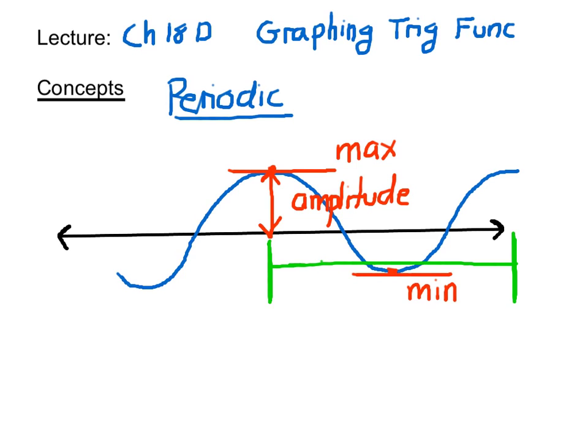So if I was to pick any point on the function, and right now I'm picking the maximums, and if I look at the distance between any two maximums or any two identical points, that length is going to be the period of the function. And this is the unit of length that it takes for the function to repeat itself one time.